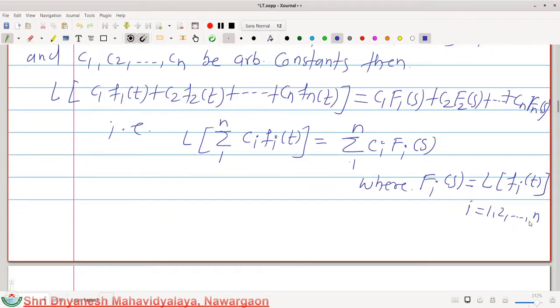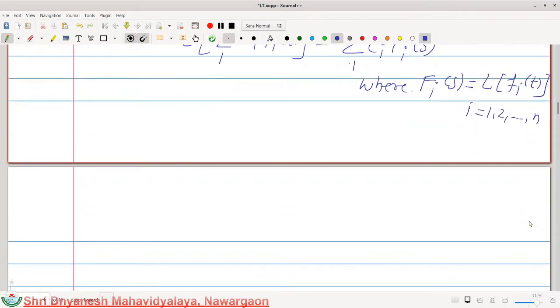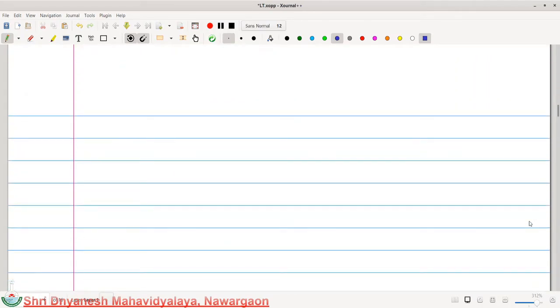So let us see the proof of this. You do remember this linearity property.